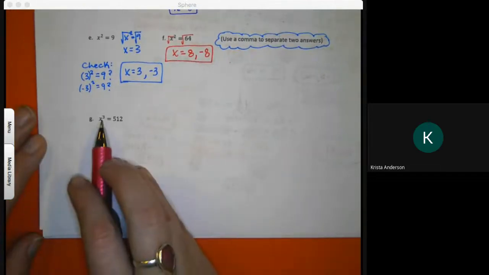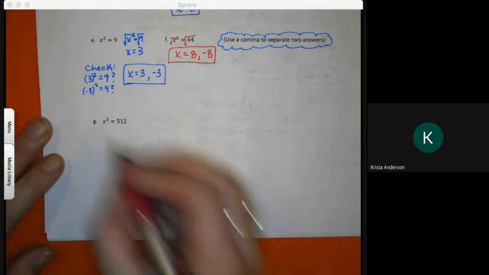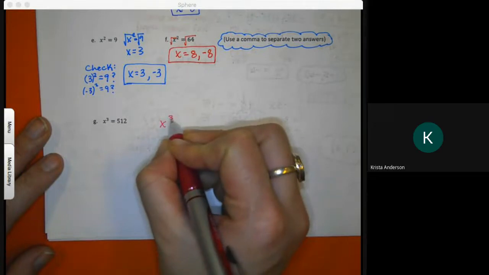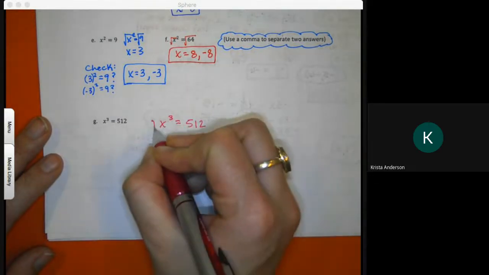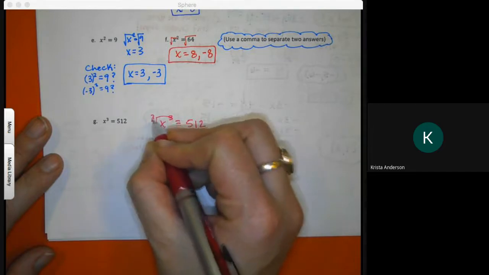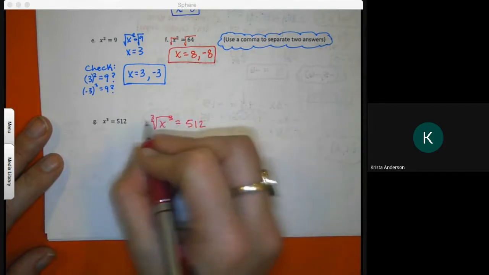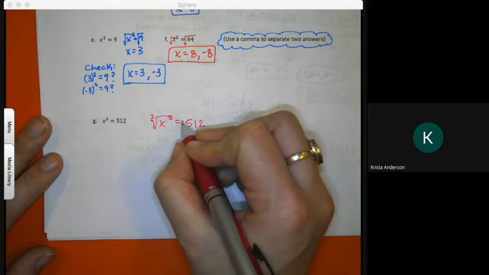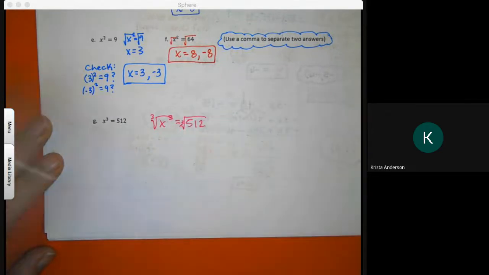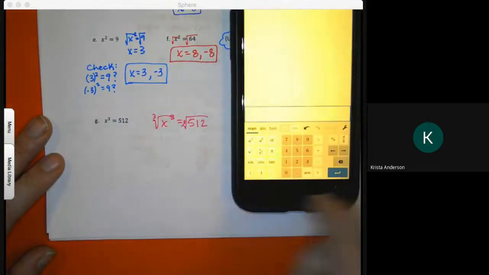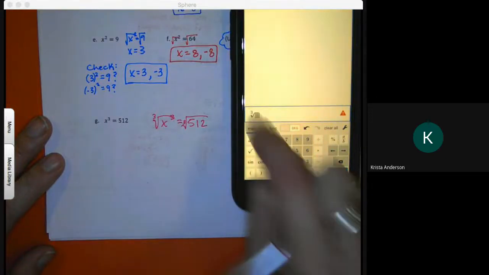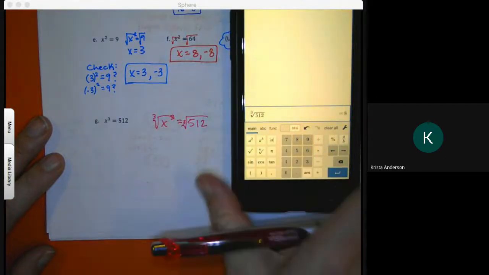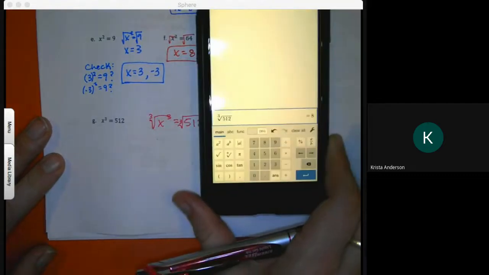All right, I have a cube. There's a 3 on my x. When I solve this one on my calculator, I have to do a cube root to get the 3's to go away. On your calculator, you would want to make sure that you have the little 3 on it with the 512, which equals 8.